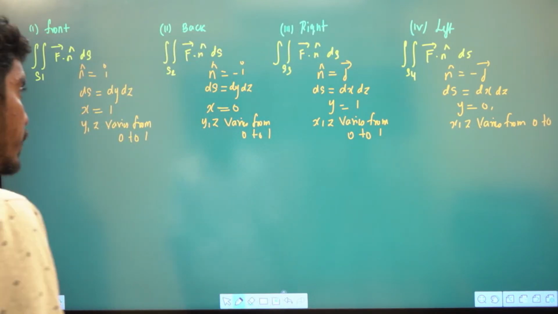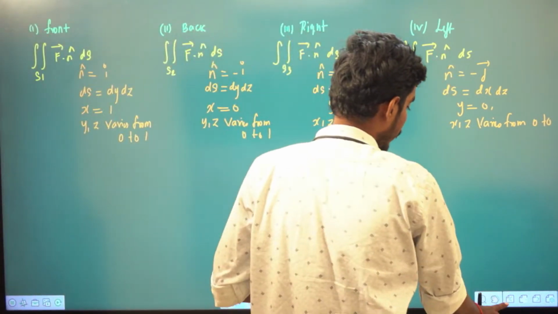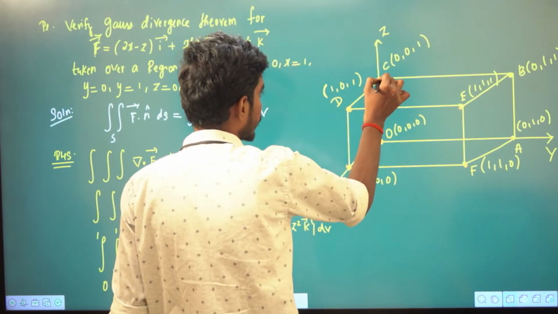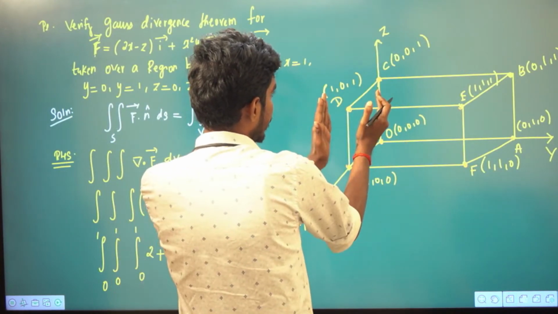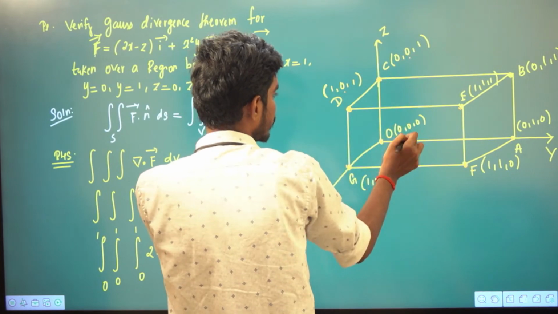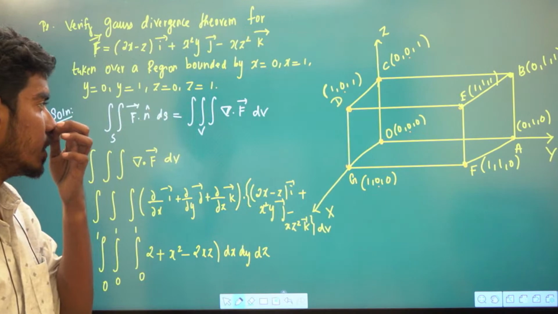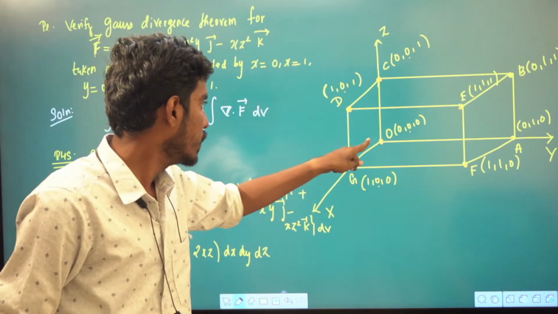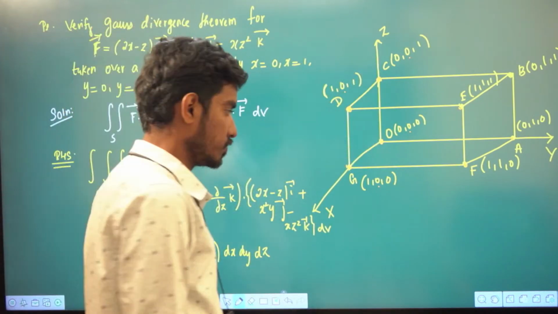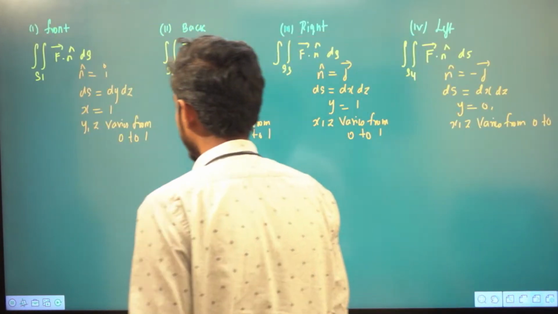Here y is 0 is fixed. You can see the left face. So take the left face. This is left, right? So you can see y is 0. X is the one that is varying, x varies from 0 to 1, z varies from 0 to 1.